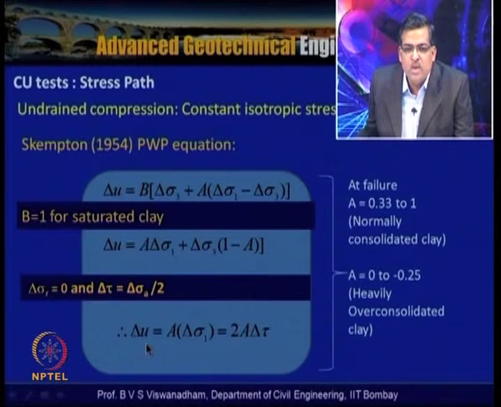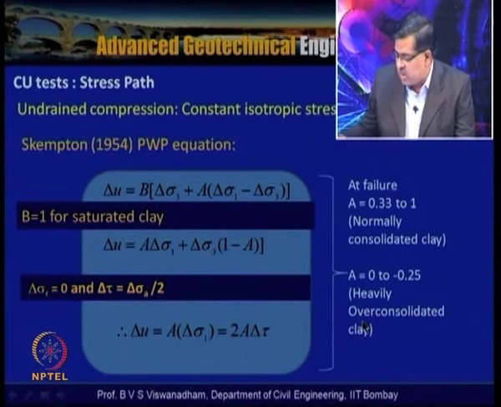When you put it here, with no change in the radial stress, that term becomes 0. So delta u is equal to A into delta sigma 1, and delta sigma 1 is substituted by 2 into delta tau. So delta u is equal to 2A delta tau. A is equal to 0 to 0.25 for heavily over consolidated clays.